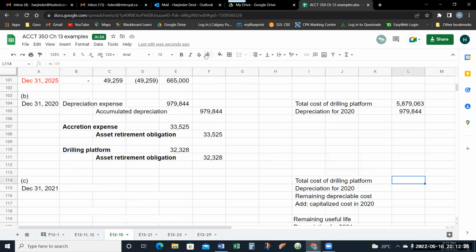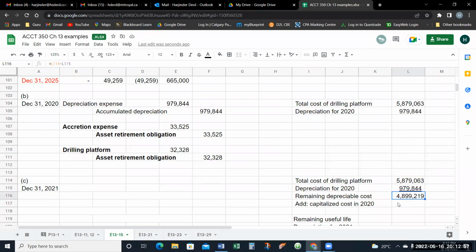Now, we had begun with $5,879,063 as the cost of the drilling platform in 2019. We had recorded, or 2020 rather, we had recorded depreciation for $979,844. So at the end of 2020, the remaining depreciable cost had gone down to the difference, $5,879,000 minus the $979,000.